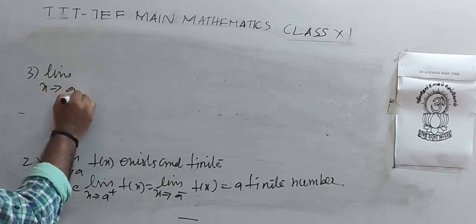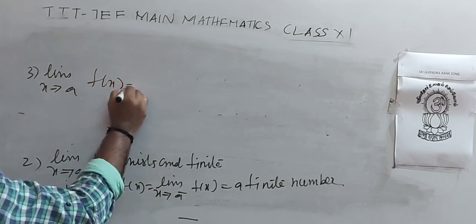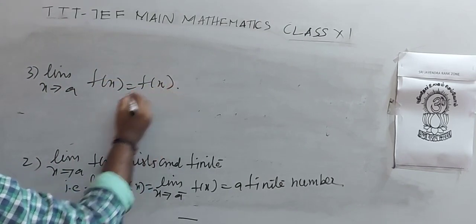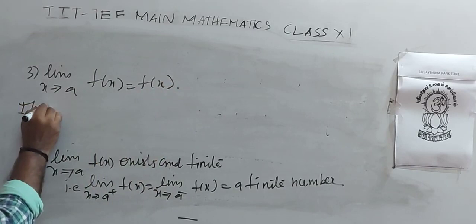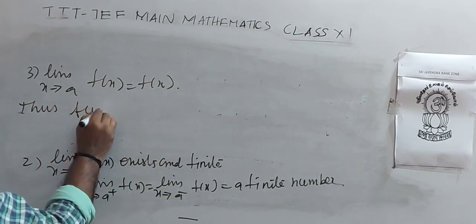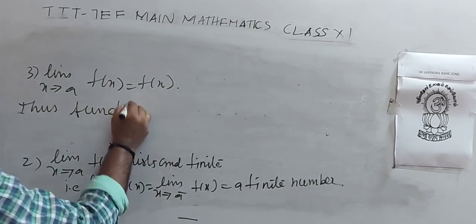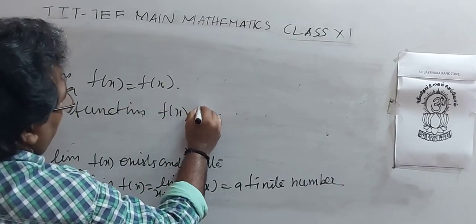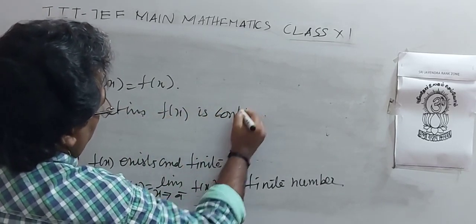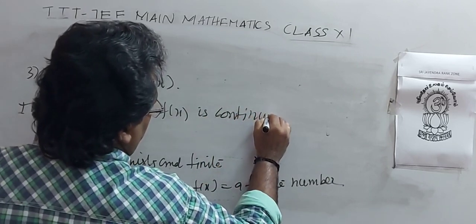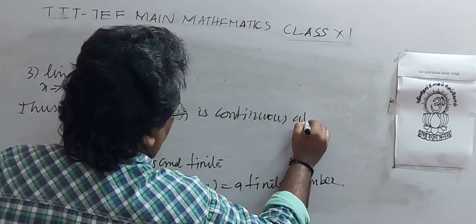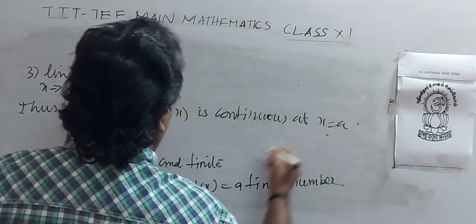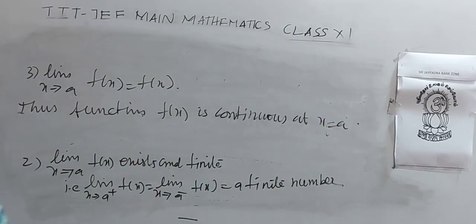And the limit as x tends to a of f of x equals f of a. Thus, the function is continuous at x equal to a.